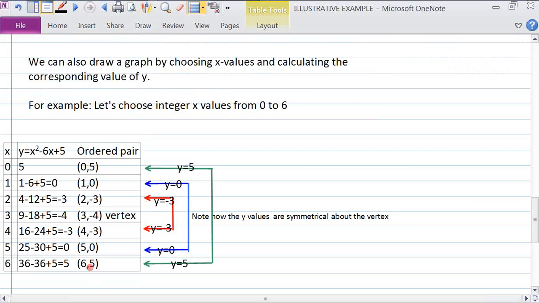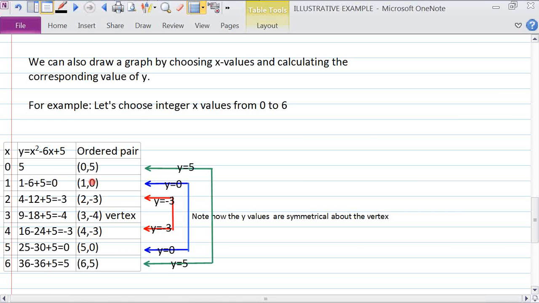Okay, so we have all these points. Now notice the symmetry that happens around the vertex, which is right here. So 2, minus 3 and 4, minus 3, the y values are the same. They're both minus 3.